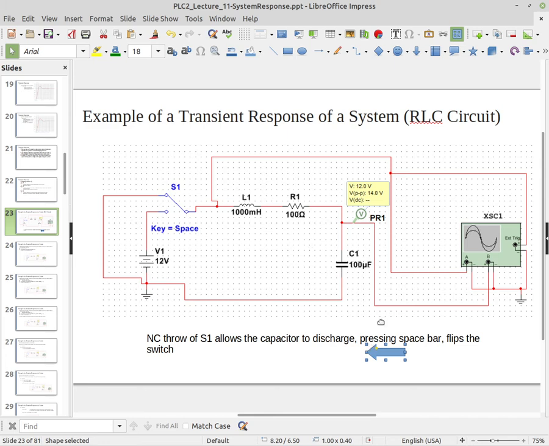Alright, so what happens with an RLC circuit, as we have here, when you first set the switch, the inductor doesn't like changes in current, so it prevents the current from moving very fast. But then the capacitor, on the other hand, is trying to get the current to move as fast as possible.